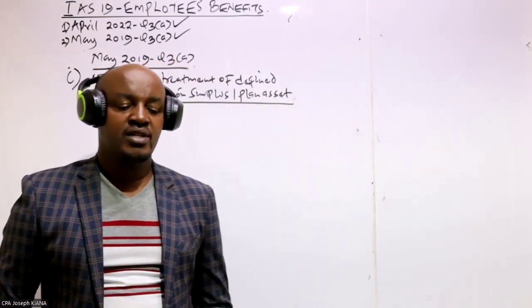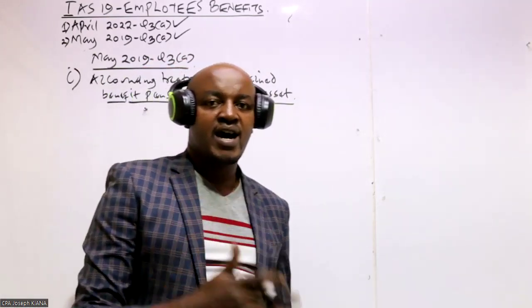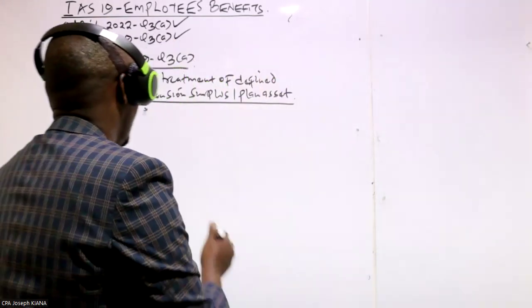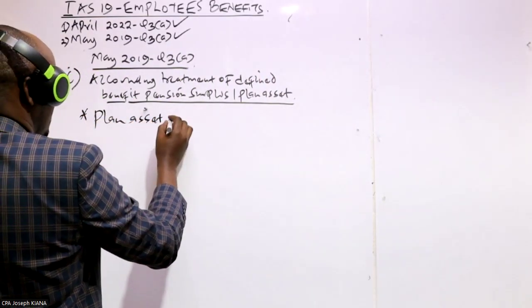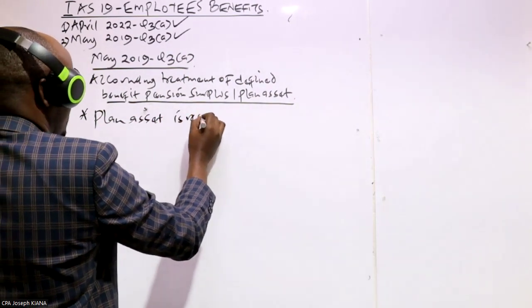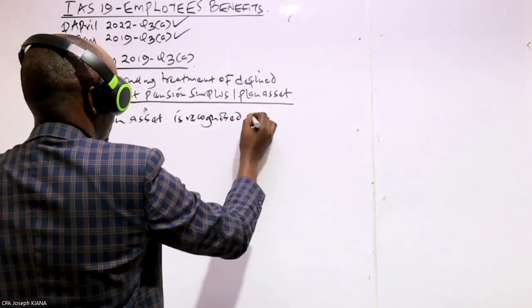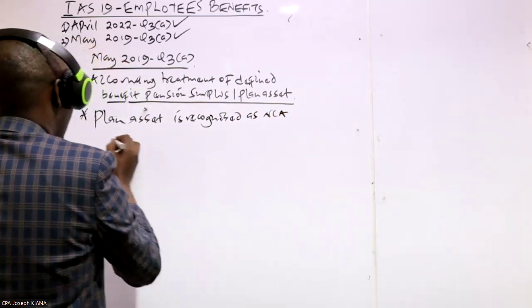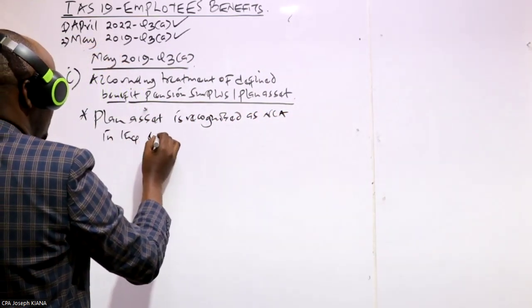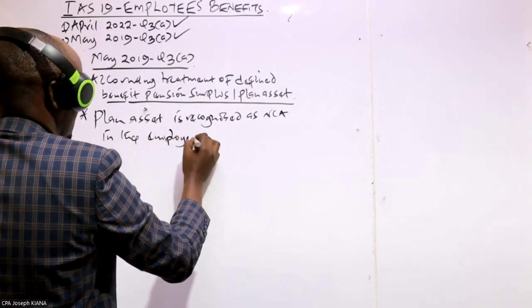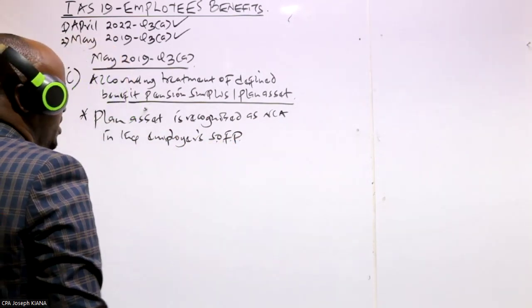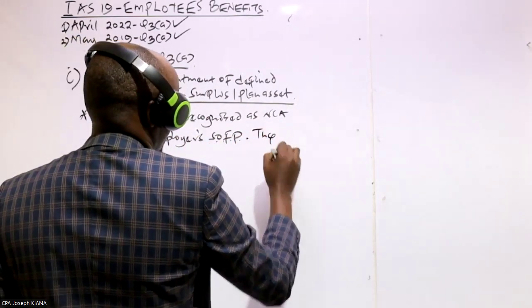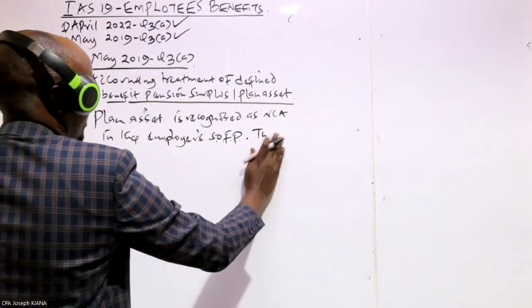Now, this is recognized in the statement of financial position of the employer as a non-current asset. So we can say that a plan asset is recognized as a non-current asset in the employer's statement of financial position. We can also proceed and explain how it is computed. We can say it is computed.